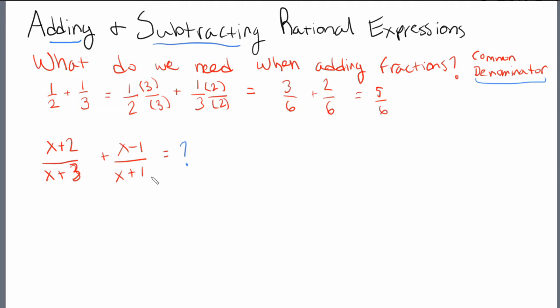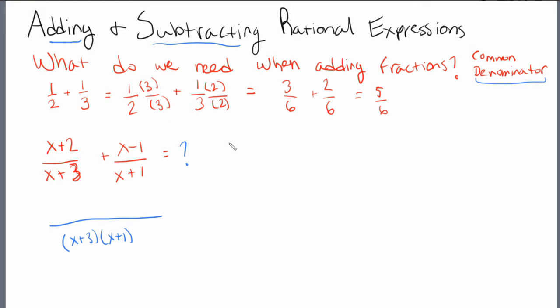I need a new denominator that has each of these as factors. The easiest way to do that is to multiply them together, which means I'm going to multiply by the missing factor on the top and bottom of each fraction.